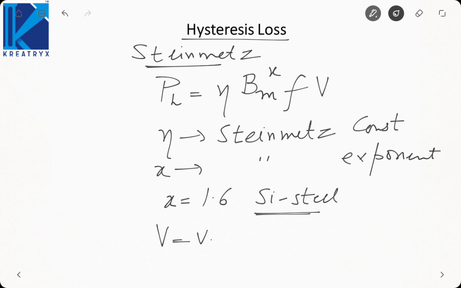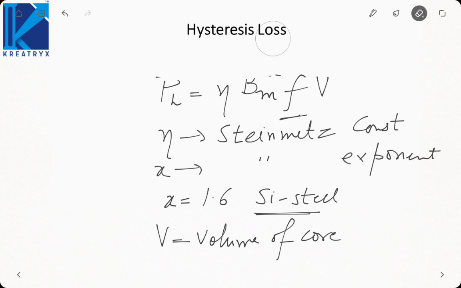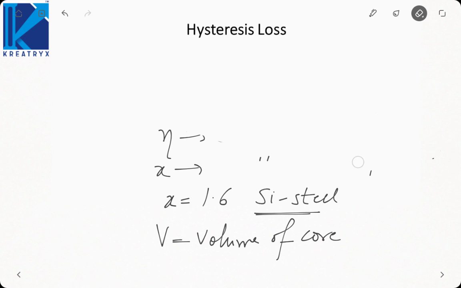V here represents volume of core. So remember, hysteresis losses are directly proportional to the volume of core. If you change the dimension or the volume, then hysteresis loss will also change. And F is the frequency of operation. So hysteresis loss is directly proportional to the frequency of operation.